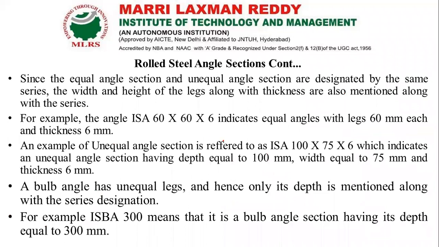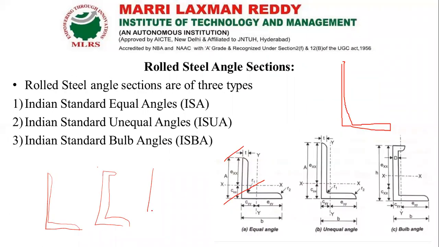Here they have given ISA 60 by 60 by 6. Think of the angle section: this length is 60 mm and this length is 60 mm, and the thickness will be 6 mm throughout the length. So this thickness is 6 mm. Like this we can have the sectional details.